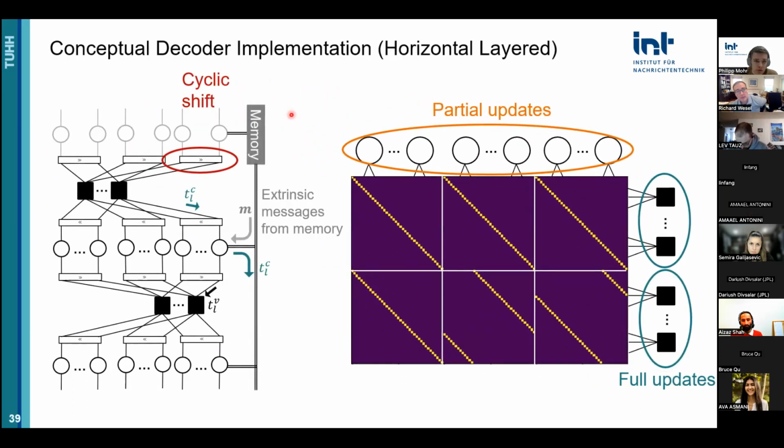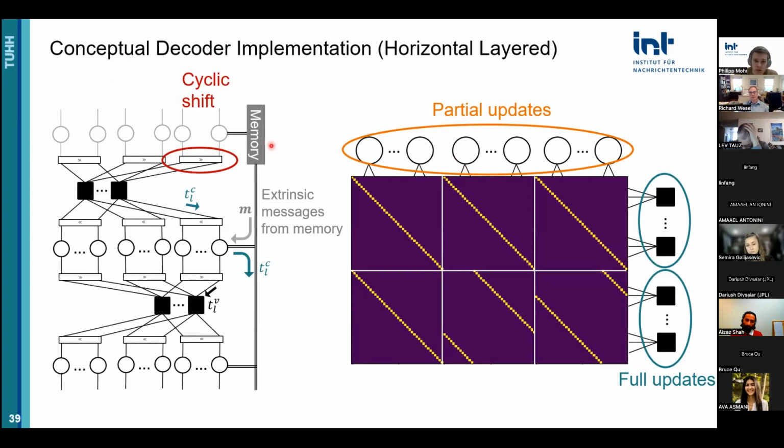And to make estimates about the decoder complexity in this work, we came up with a conceptual decoder implementation. So it's not a real hardware implementation, but it should model basically the hardware on a simple level.